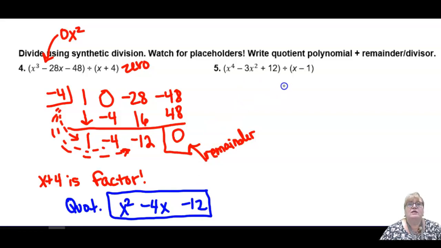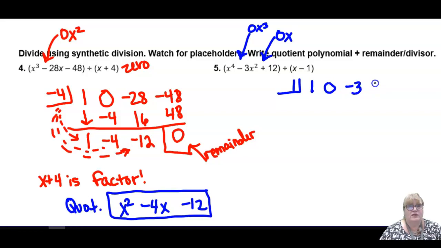Okay. Number 5 here real quick. The 0 is 1. We do need a placeholder. There's 0 x's here. So we have 1x to the 4th. Oh, there's also 0x cubed. We have 1x to the 4th, 0x cubed, negative 3x squared, 0x, and 12.